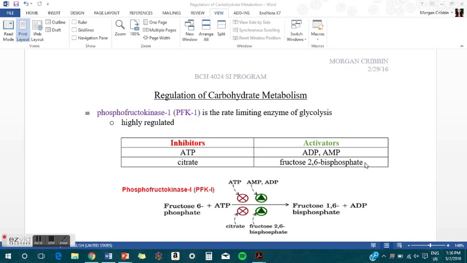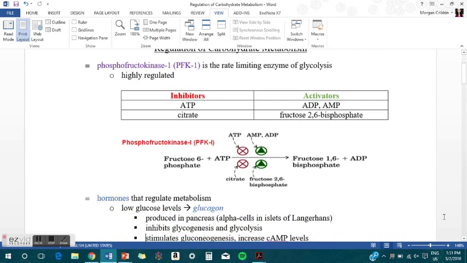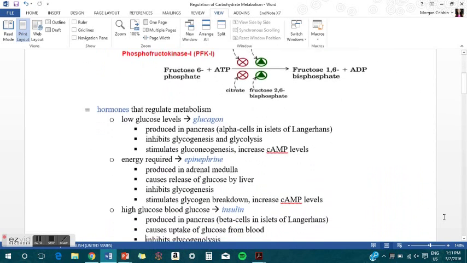It just flip-flops, and it is considered just a regulatory molecule. So there's a nice little flow chart down here from your lecture notes, which shows just a visual drawing of what is going to activate and inhibit this specific reaction, turning your fructose 6-phosphate into your fructose 1,6-bisphosphate.